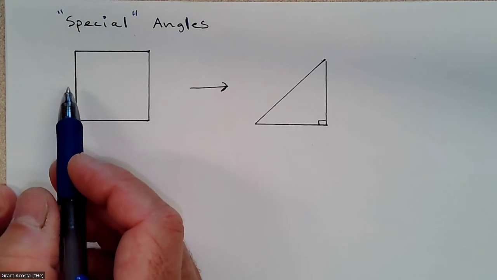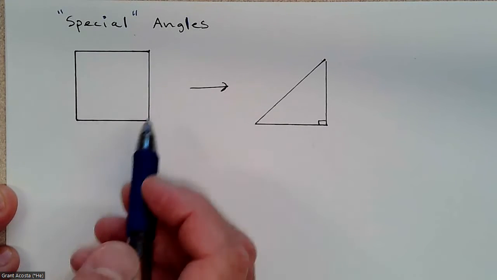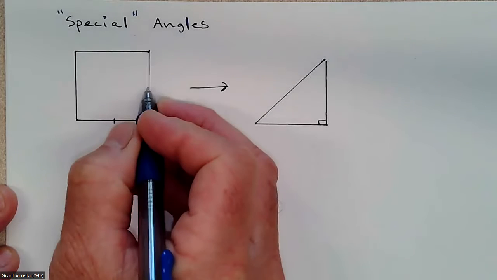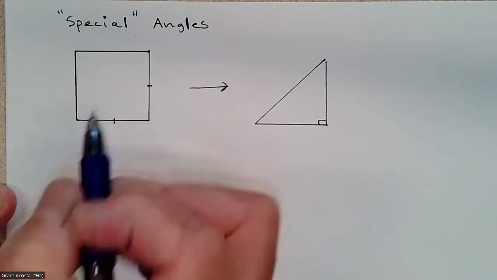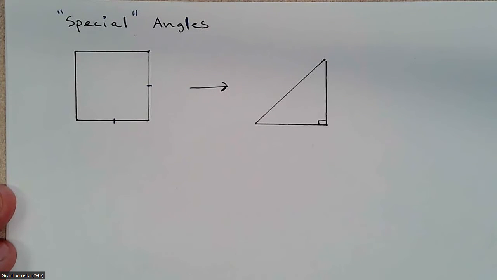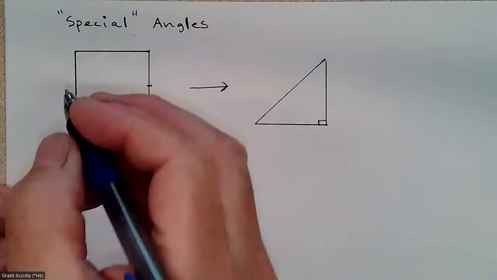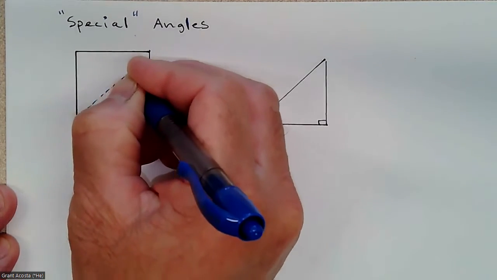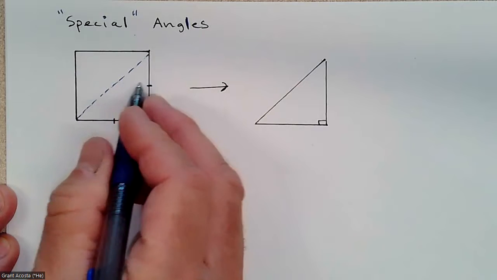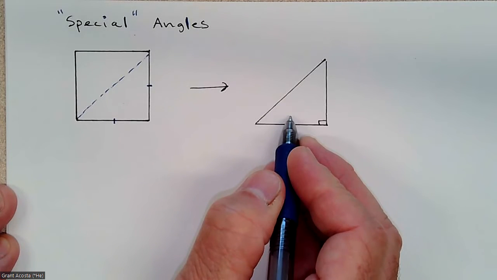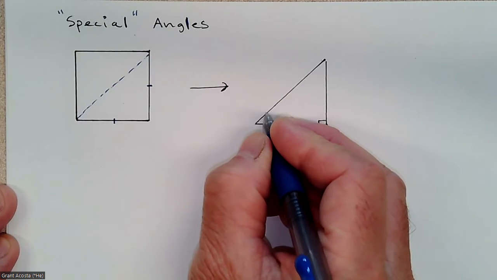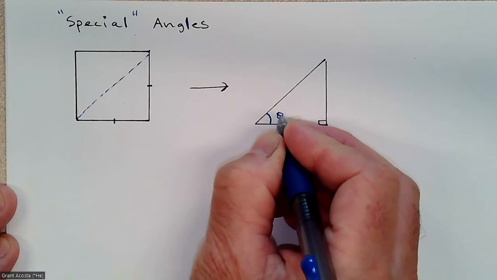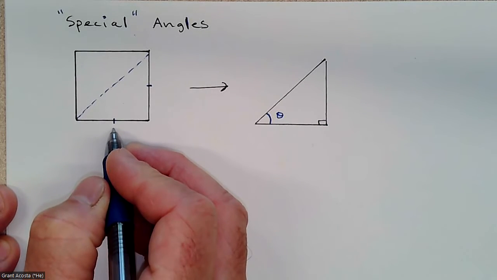The first one we'll start with, I did this on the previous video, but if you had a perfect square, and in the world of rectangles, squares are pretty common and important. If I took a square and cut it diagonally and just used the bottom half here to create a triangle, then we can call this angle theta. And let's use numbers here.